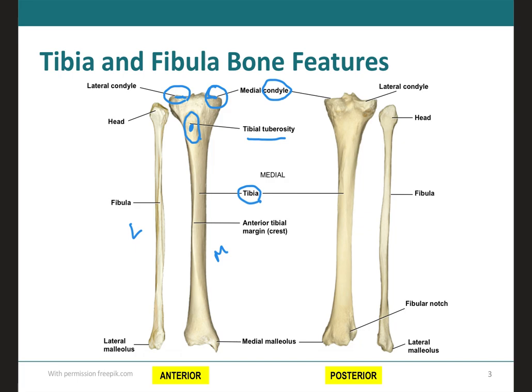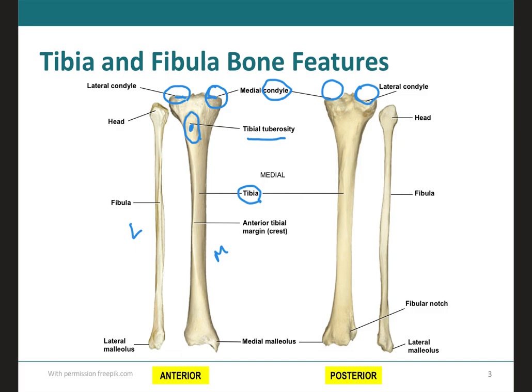And these condyles will articulate with the femur. So the femur will sit right on top of the condyles. Therefore, we can say that the lateral condyle of the femur will articulate with the lateral condyle of the tibia, and the medial condyle of the femur will articulate with the medial condyle of the tibia.